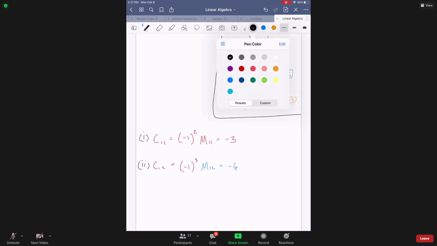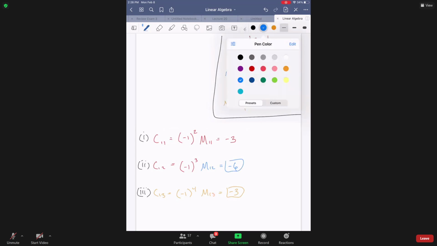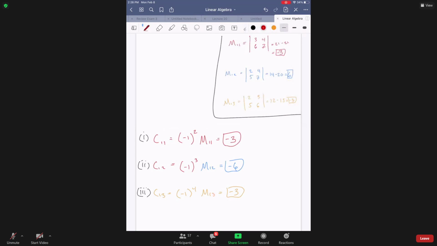And then last is going to be C13, which is going to be -1 to the 1 plus 3 power, which is just 4, times M13, which is then just -3. And that's basically how you find these.